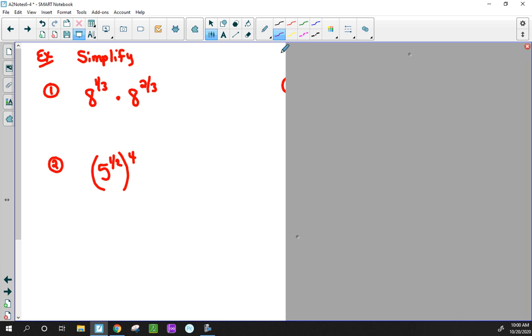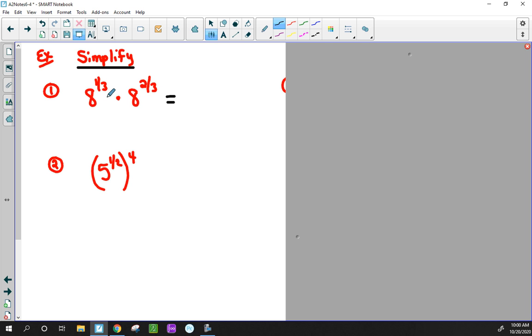Okay, now we're going to get into some simplifying problems. Simplify means give me the best simplified reduced answer that you can. Okay, on number 1, it says 8 to the 1/3 times 8 to the 2/3. What I want you to notice is that this problem does not have a variable, okay?